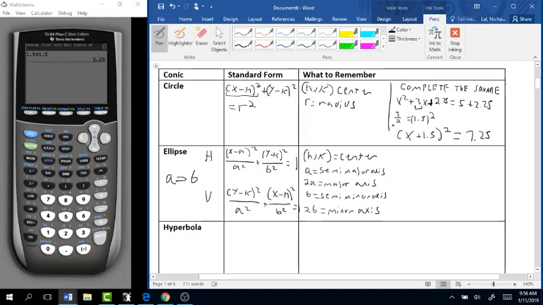The Pythagorean relation for an ellipse is that a² = b² + c². That's the Pythagorean relation. And the eccentricity is going to be equal to c over a.